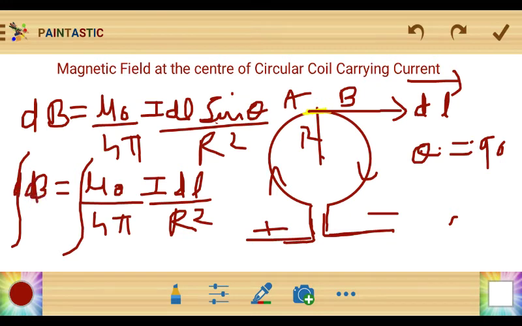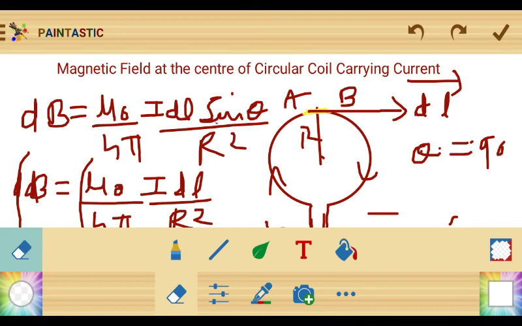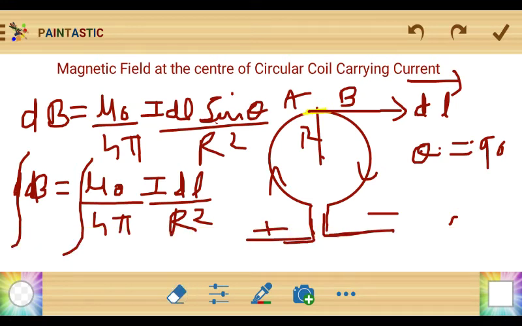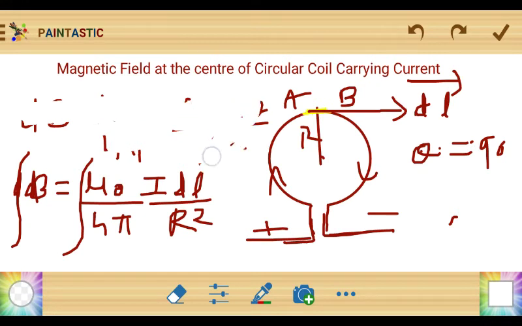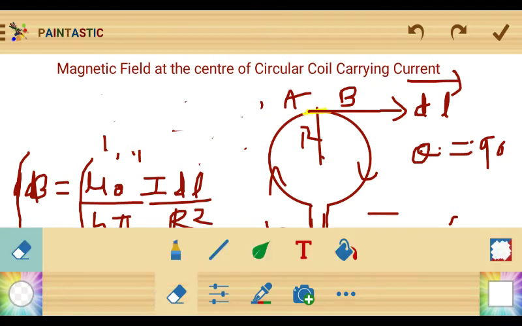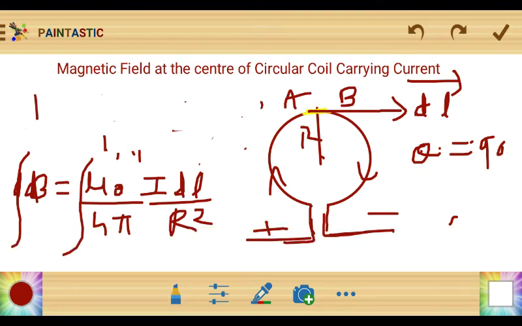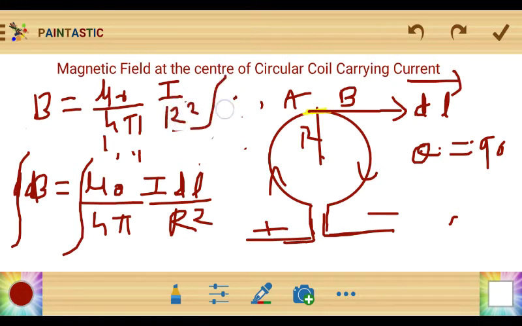So the integration of dB will be mu 0 upon 4 pi outside, and I upon r square also outside. What is left? We are left with dl.